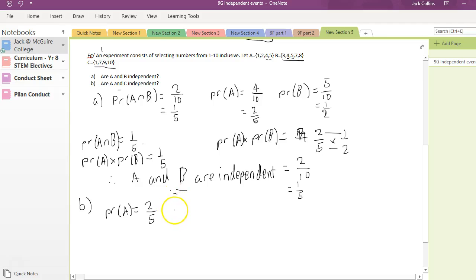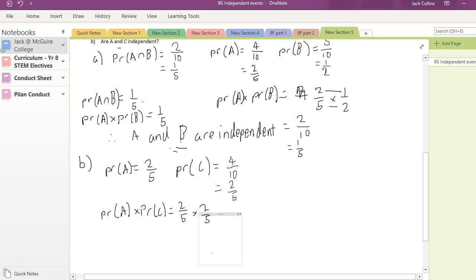All right, going through it, probability of C, we've got 4 out of 10, which equals 2 out of 5. So probability of A times probability of C equals 2 over 5 times 2 over 5, multiply top by top, bottom by bottom.